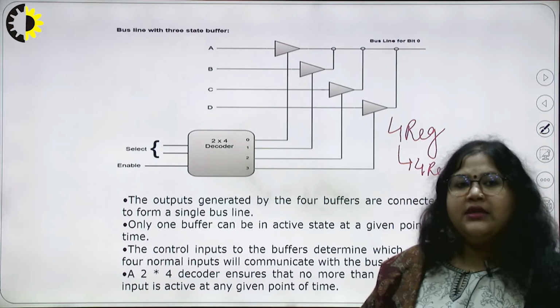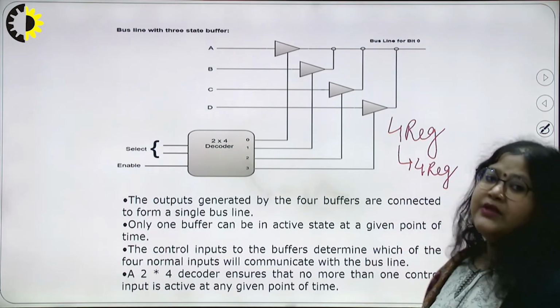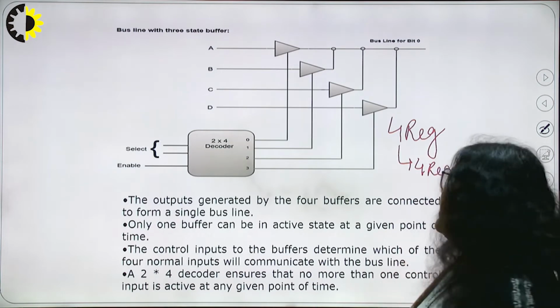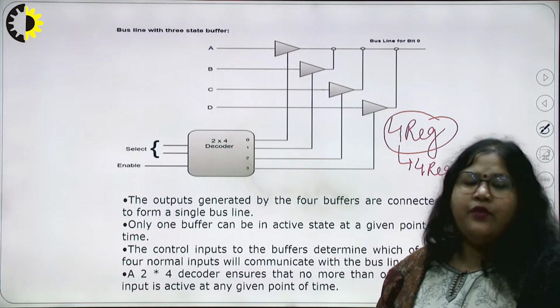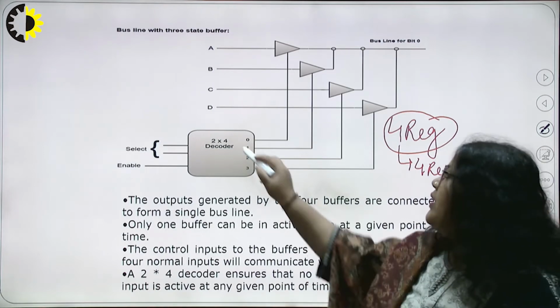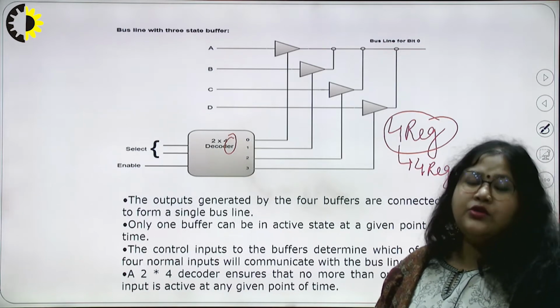If we have 4 registers and each register has 4 bits, what is the size of the decoder? Basically, the size of the decoder depends on the number of registers. We have 4 registers, so the size of the decoder is 2:4.